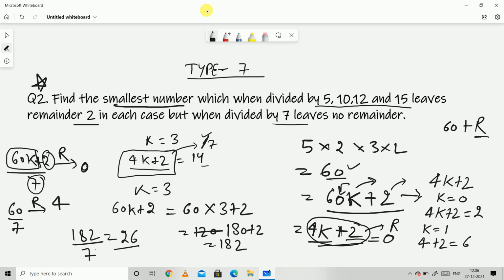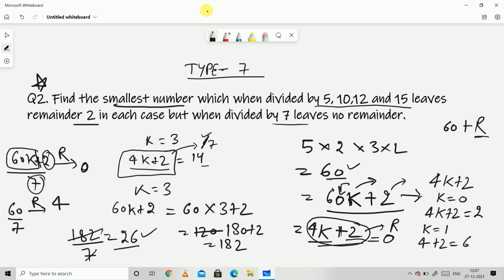See, it got completely divisible by 7, 182. So 182 is that smallest number which, if I divide by 5, 10, 12 and 15, is going to leave a remainder of 2. But if I divide it by 7, then it will leave no remainder. It will be completely divisible.